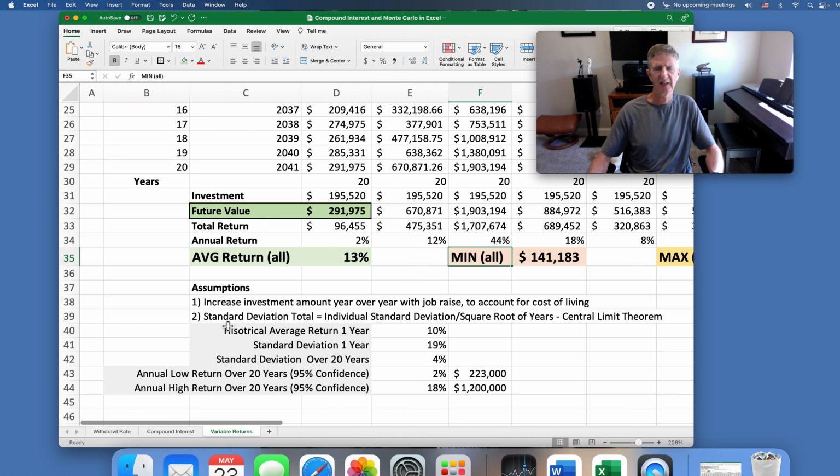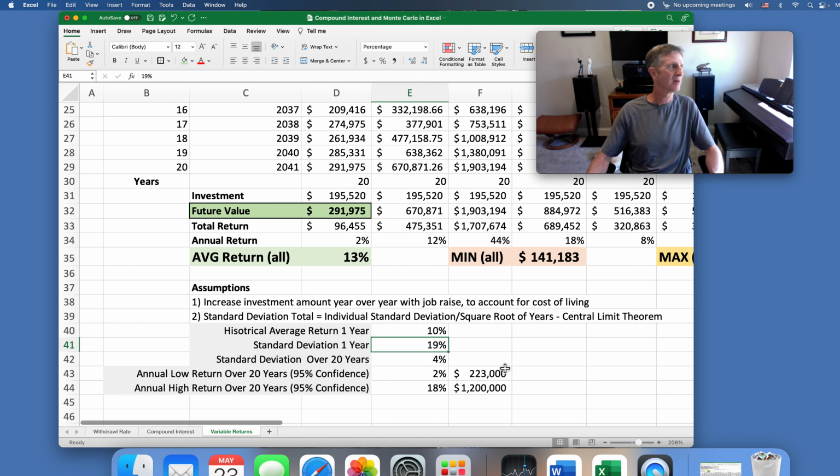The standard deviation, which we're going to talk about how that works, but we can talk about it at a high level right now. The beauty of the so-called central limit theorem is the year-over-year standard deviation of 19% that we looked at historically will go down by the square root of the number of years.